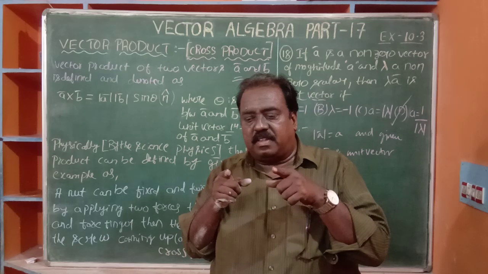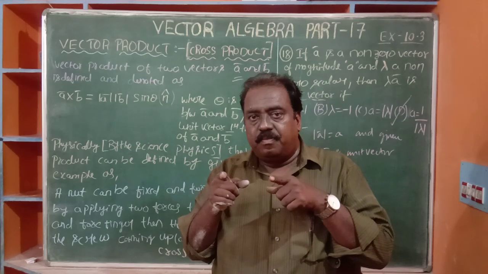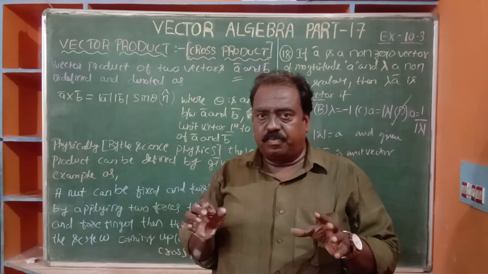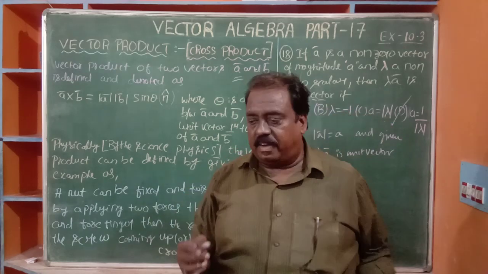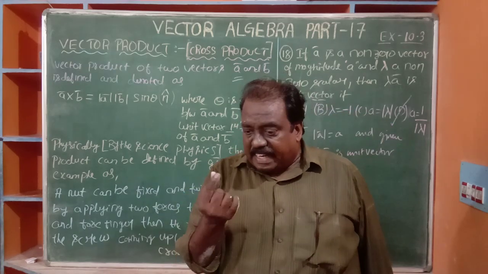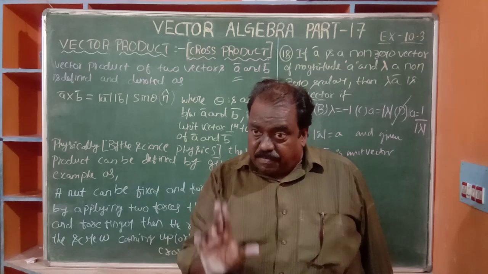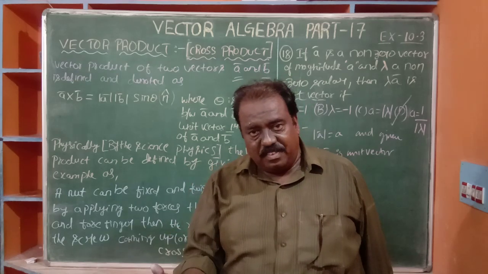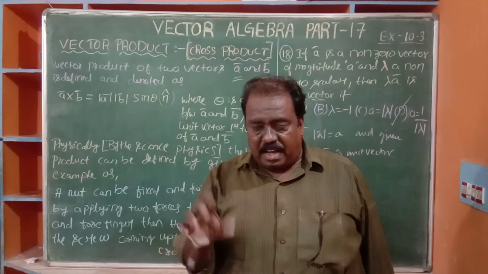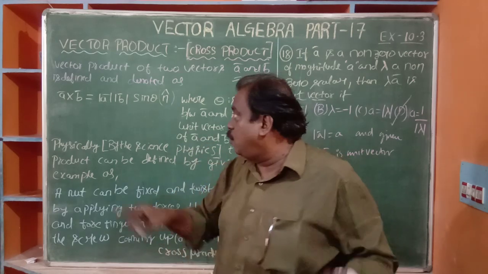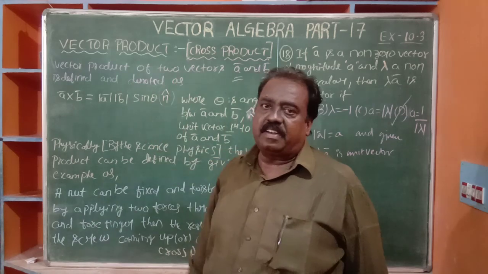If two forces are applied on one body, not a screw and nut, it is easy to understand. Then that result again is a force. Force means a vector, and that vector is caused by two vectors. There we can understand the cross product.